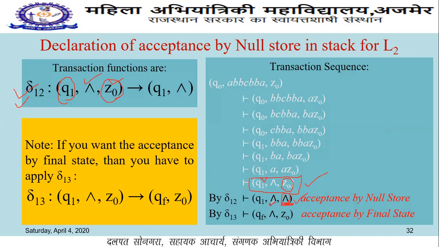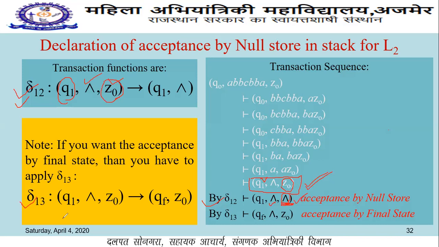But if we want acceptance by final state, then we have to apply transition function delta 13 in place of delta 12, because we provide either acceptance by null store or by final state.